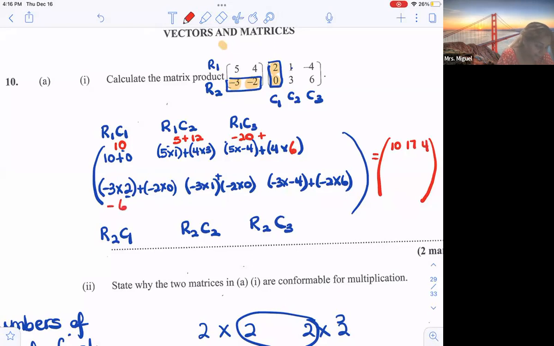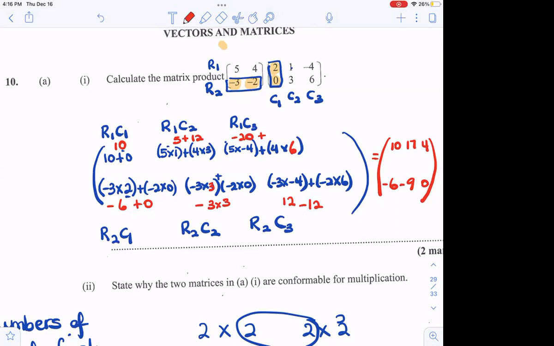Then minus 6 plus 0, minus 6, minus 3 by minus 3. So this is minus 9. And then 12 minus 12, 0. Did you all get that? Or anything close to that?